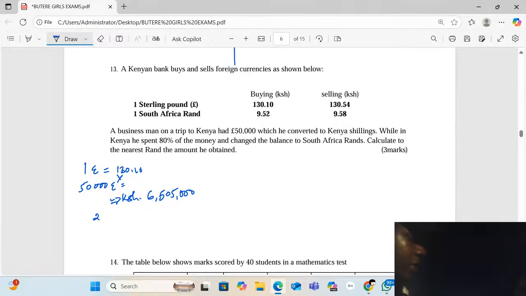Now that he spent 80%, the remaining amount is 20%, that is converted to South African rand.